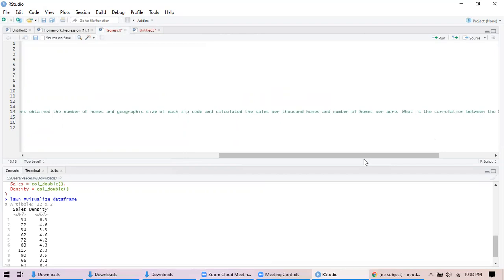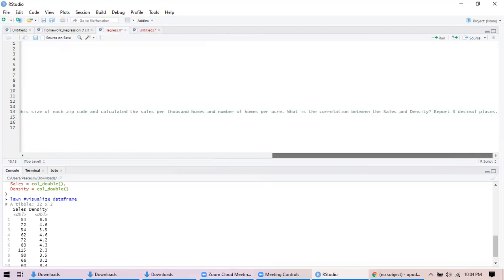Okay, so then it goes on to say obtain the number of homes and geographic size of each zip code, calculated the sales per thousand homes and number of homes per acre. What is the correlation between these sales and density?